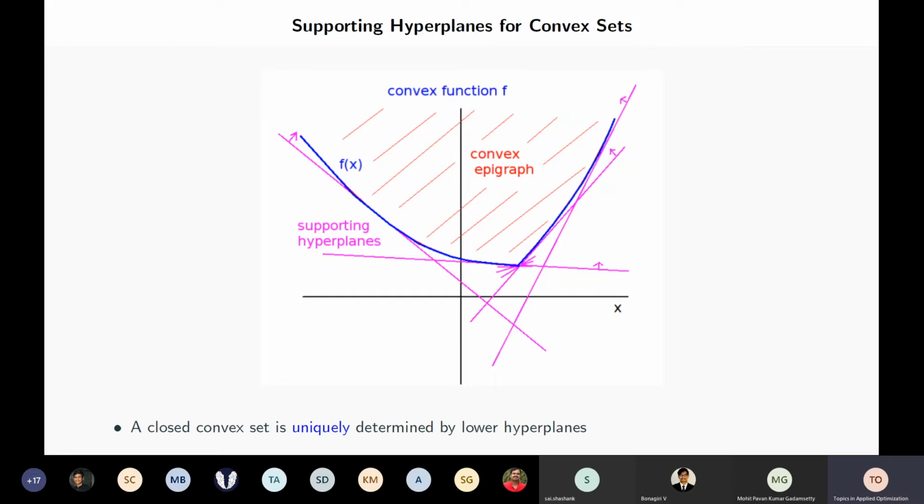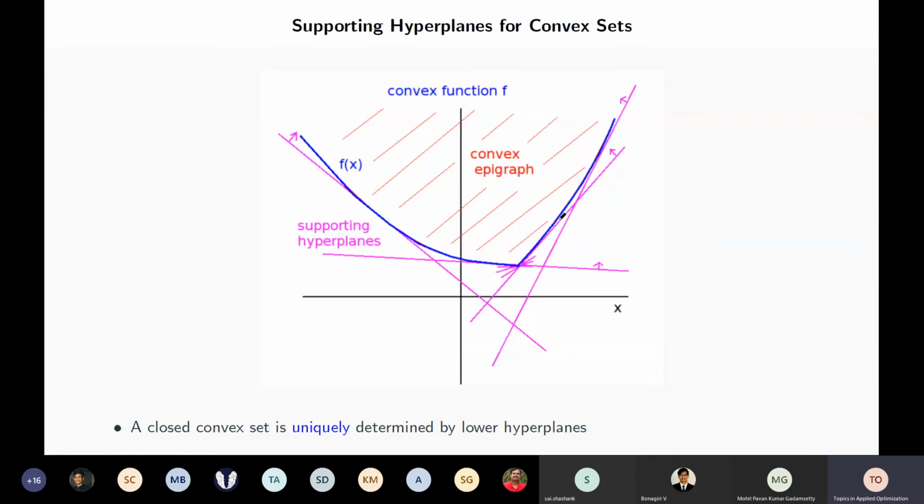Okay, a closed convex set is uniquely defined by its lower hyperplanes. So for a convex function, what we observe is that these will all be lower because of the nature of the function. It's convex. So what we are getting is the set of these lower supporting hyperplanes. Now, do you see where we are going, right?